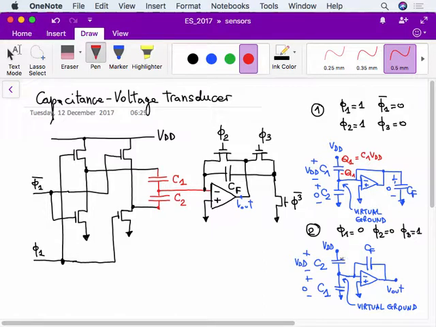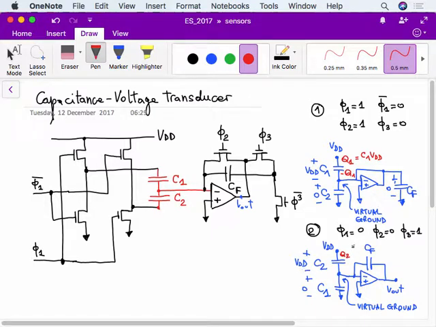Okay, now we have a charge Q2 here. Just to complete the consideration, the charge coming to this bottom plate, minus Q2, is coming from the output of the operational amplifier, because CF is completely discharged.